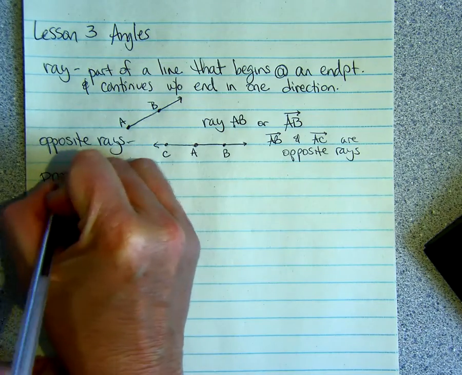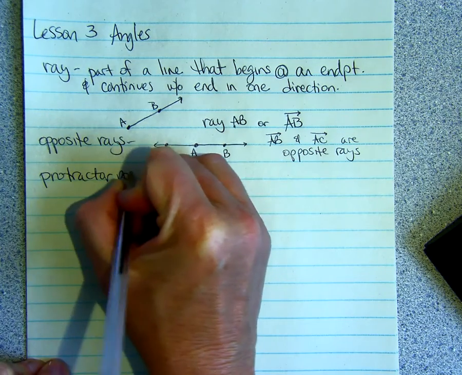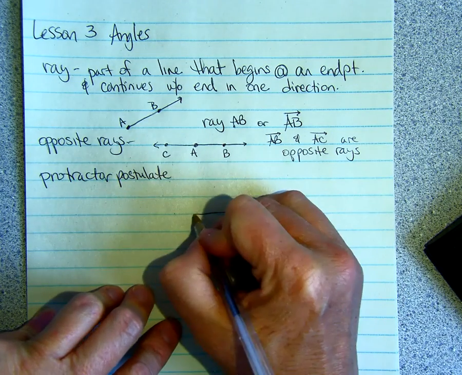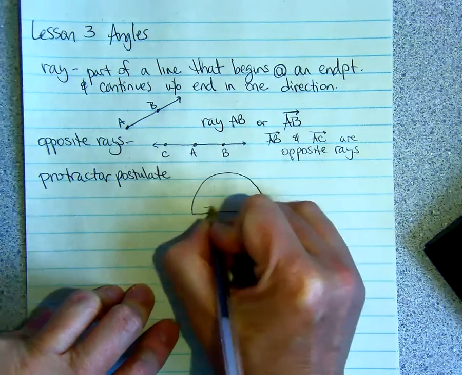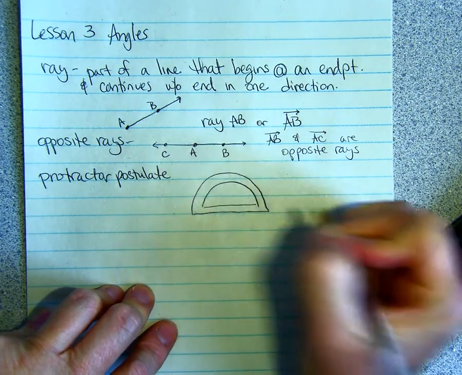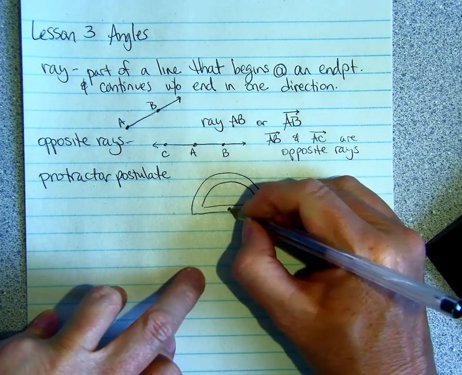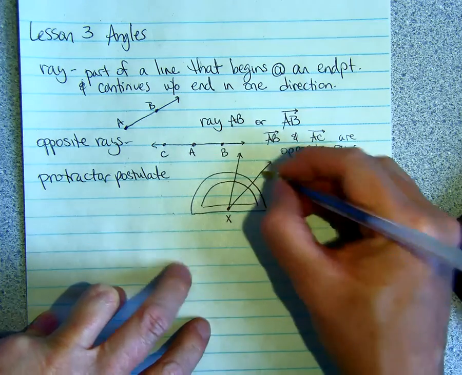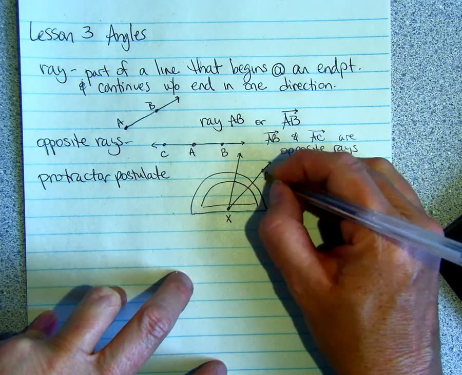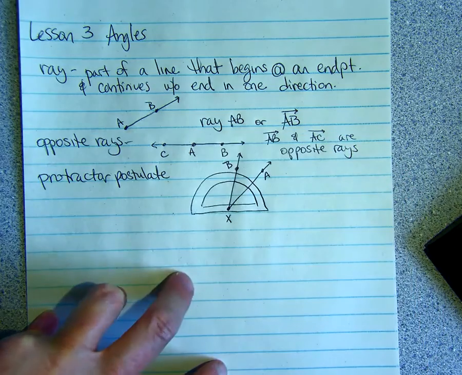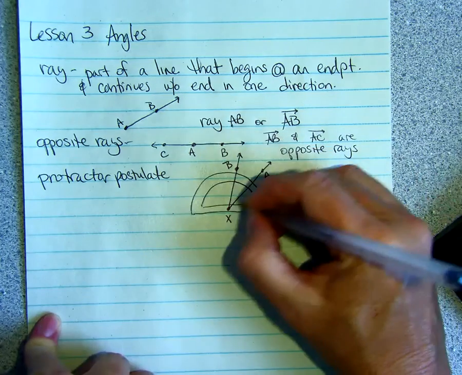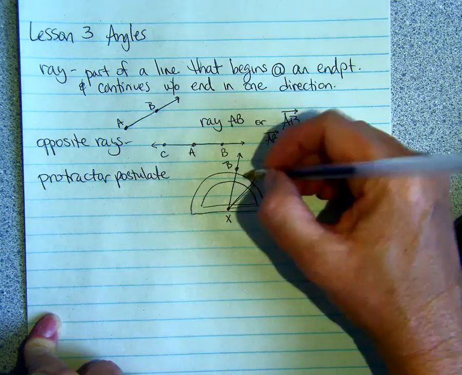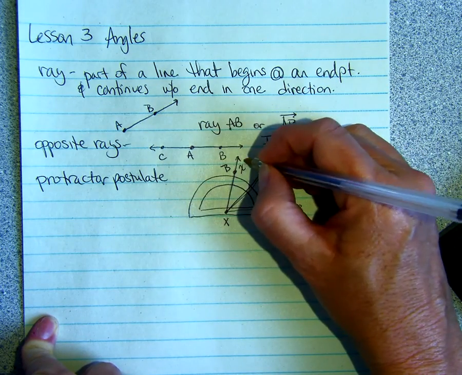We have what's called the protractor postulate. This just means if you have a protractor and you have two rays, say this is X and this is A and this is B, and this ray has Y degrees if it goes that way, and this ray B has X degrees.